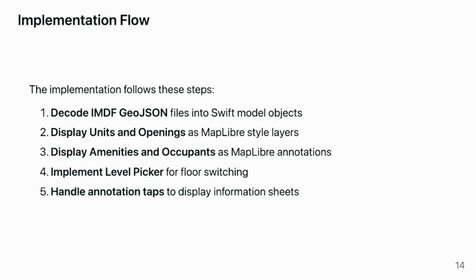Fourth, we implement a level picker UI component that allows users to switch between different floors. And fifth, we handle tap events on annotations to display detailed information sheets. Let me show you the details for each step.